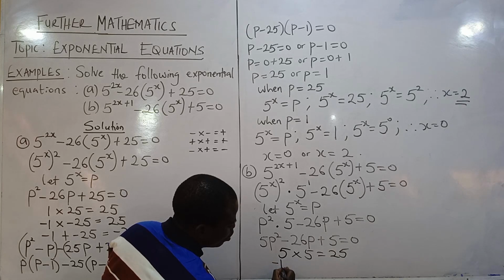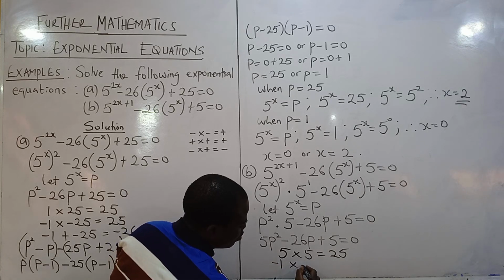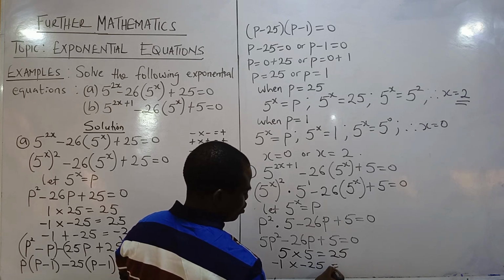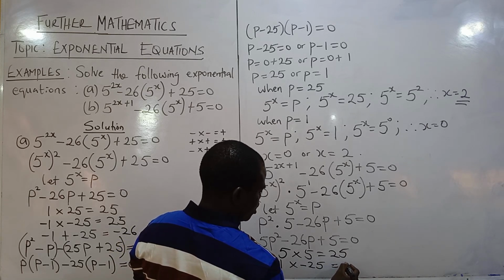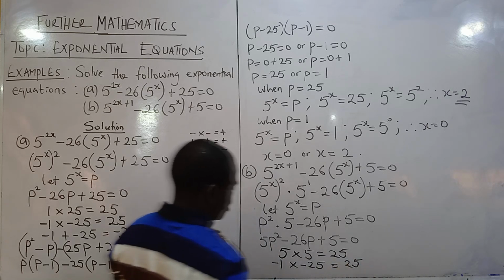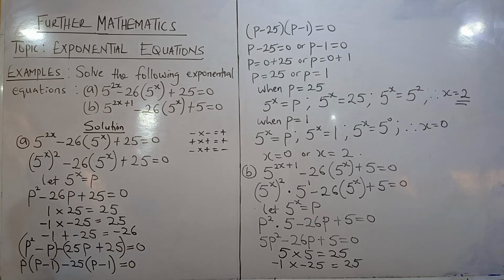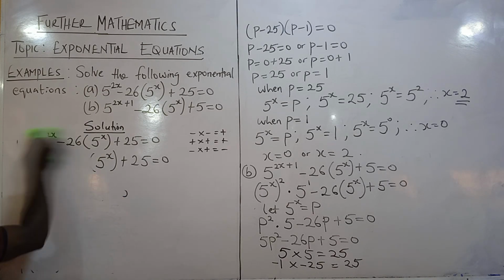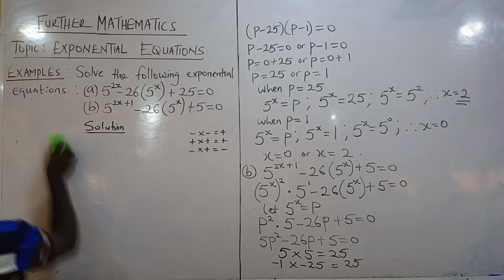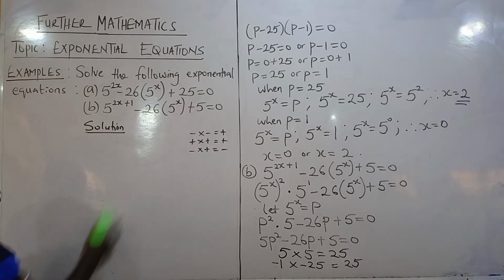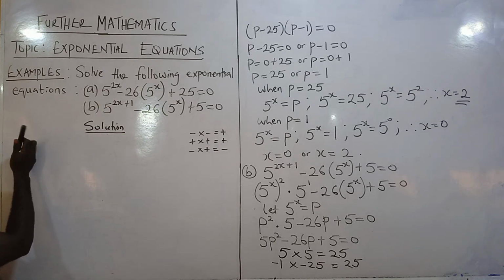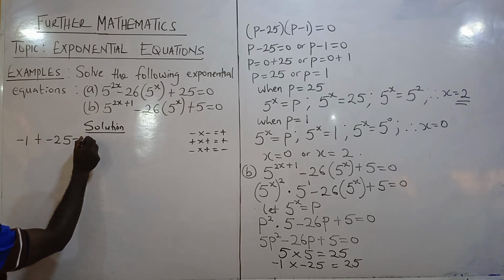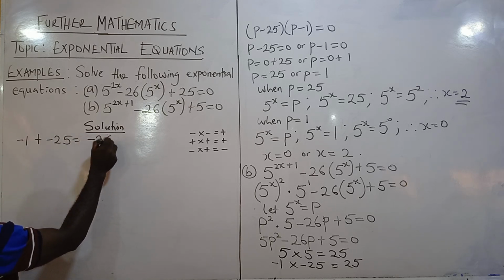You now think of minus 1 multiplied by minus 25. It will give us 25. And when you add the same numbers together, minus 1 plus minus 25 will give us minus 26.